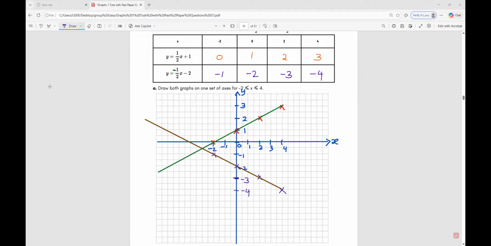Now the solutions are at the intersection point here. The x and y coordinates of this point. The x coordinate is here. The y coordinate is this.